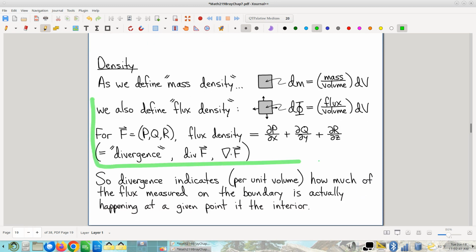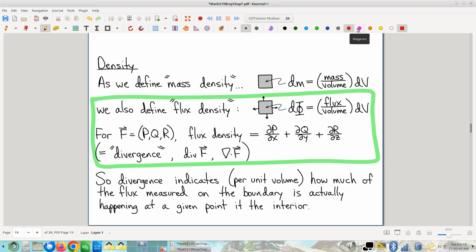Now, these details right here are new, but we already knew that it was going to have a density that was going to behave like mass density. That was old news. I mean, it has to. It's an accumulating quantity, so of course it does. So all we had to do is establish the particulars, namely, what are we going to call it? What notations are we going to use?